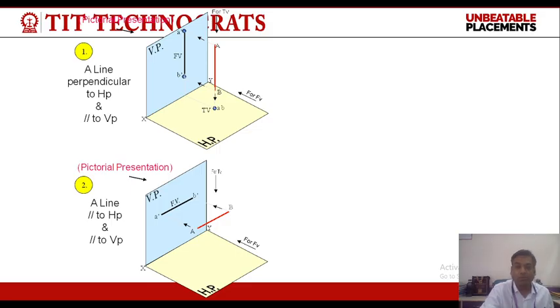In the top view, the top view of the line AB is also parallel to the XY line. So, when the line is parallel to both HP and VP, in the front view as well as in the top view, we will get a line which is the true length and which is parallel to XY.